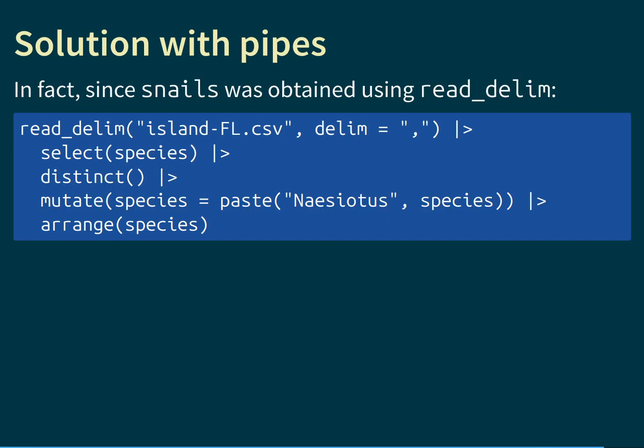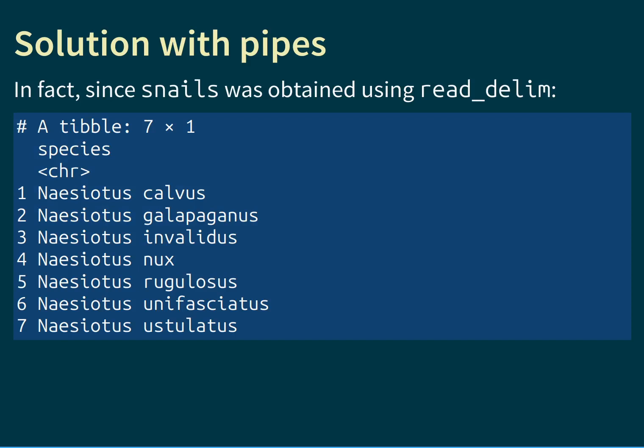You don't have to do this, but you can do it this way, and then you don't even need to bother assigning that variable. All you do is first you read in the contents of the file, which returns a tibble, then you feed that into the select function, and so on and so forth for the exact same steps that we have been doing. And again, the output from this workflow is exactly what we wanted and what we've seen before, so it's all the species, only once, with the genus name and in alphabetical order.